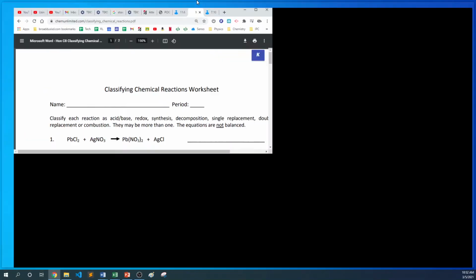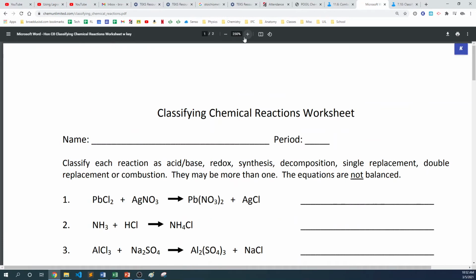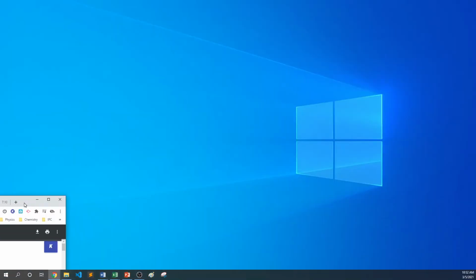So let's do a worksheet together. I didn't print it off. Let me actually just go print it.